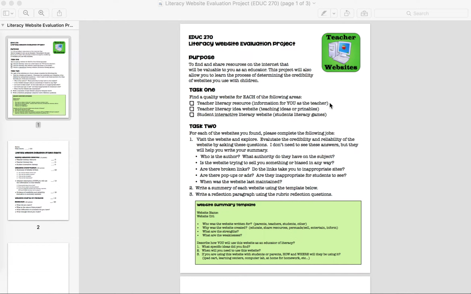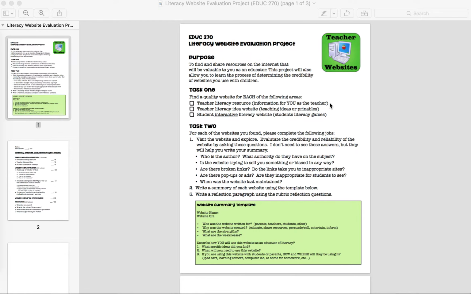So let's say you don't know much about phonics. This is a website that you could go on and you would learn about consonant blends or consonant digraphs or vowels, and it would teach you something. It's information. It's not activities for kiddos. It's information. And I'll show you an example when we get to the web.